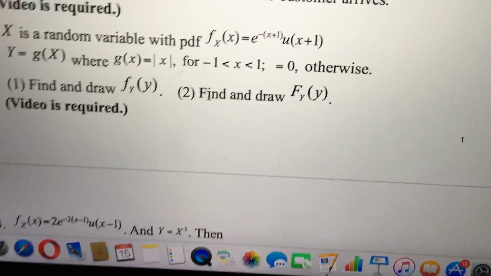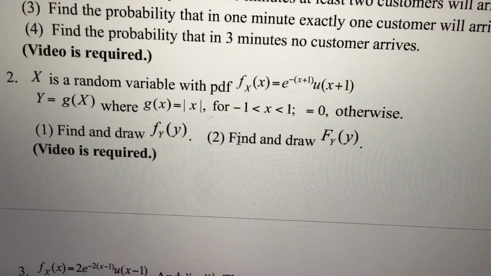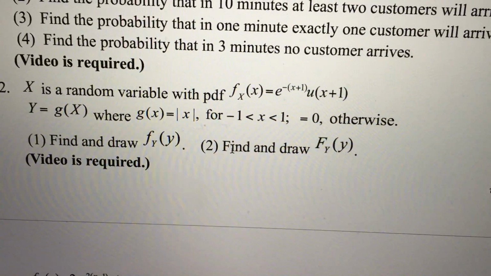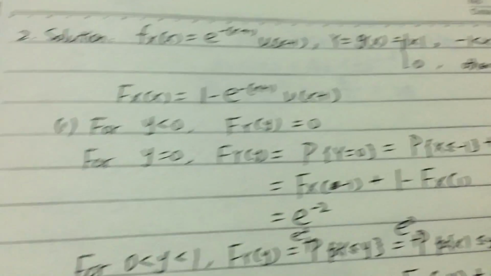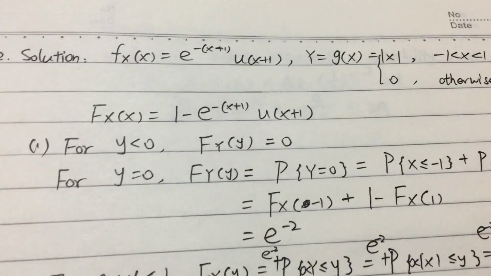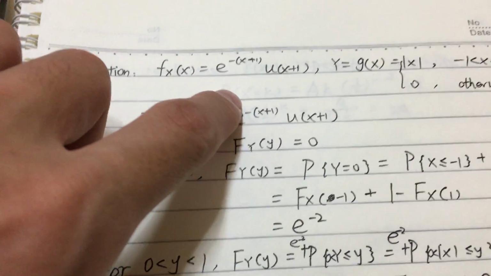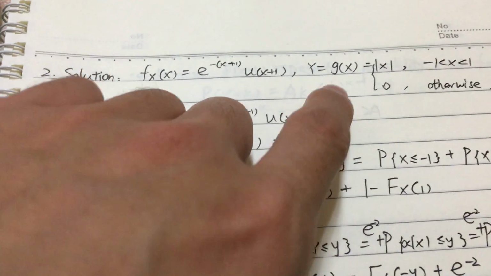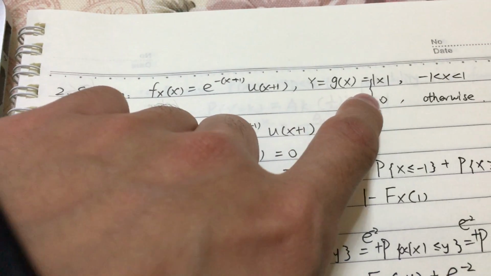I just did this question from the second part because I think derivation is easier than integral. So we can start this question like this. We have known the PDF function of big X like this, and the relationship of big Y and X is this.